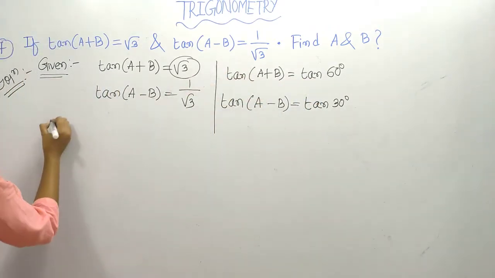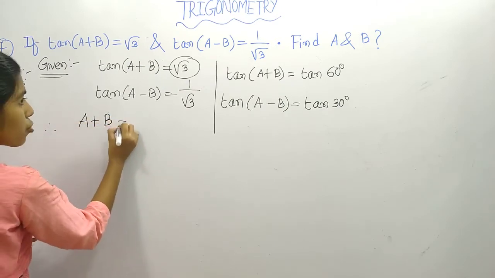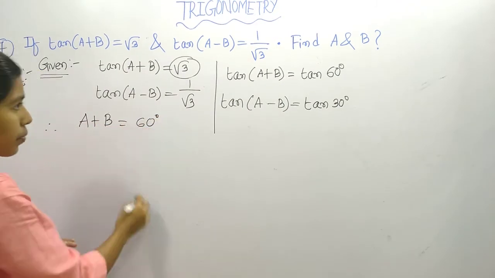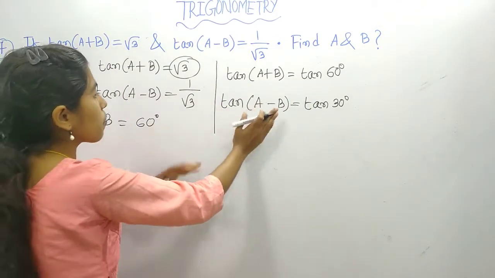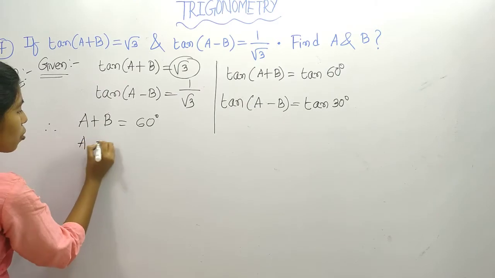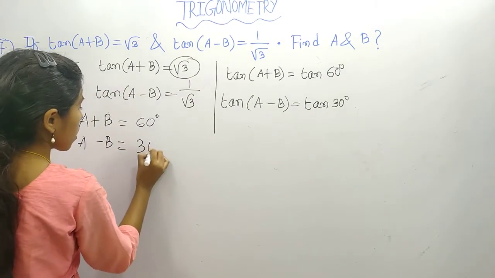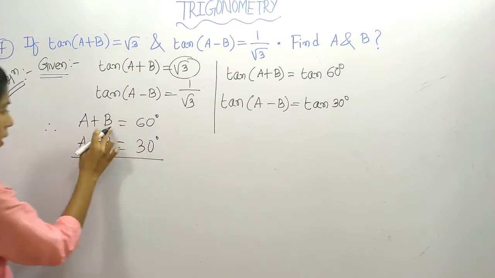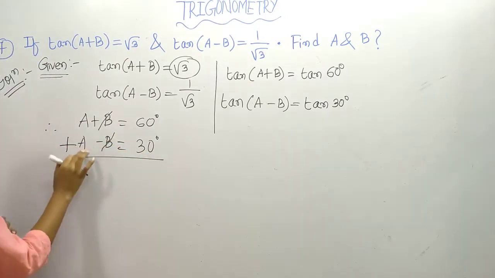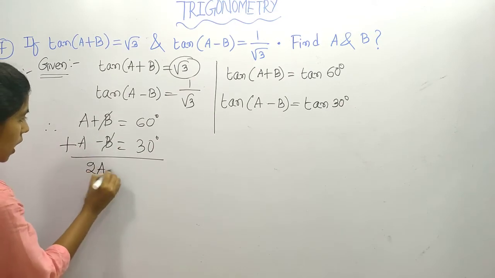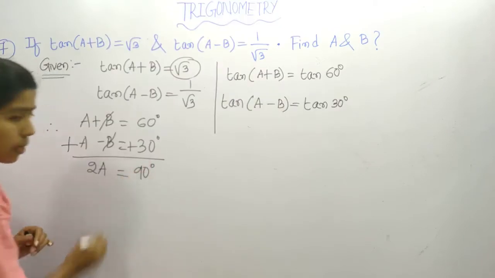Therefore A + B equals 60 degree. Here tan cancels, but the angle we will not cancel. Then A - B equals 30 degree. Here you see plus B and minus B cancel, so A plus A, 2A equals 60 degree plus 30 degree, 90 degree, right?